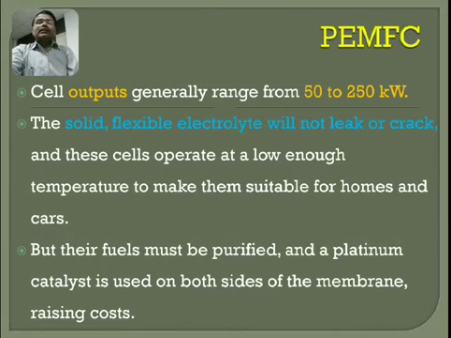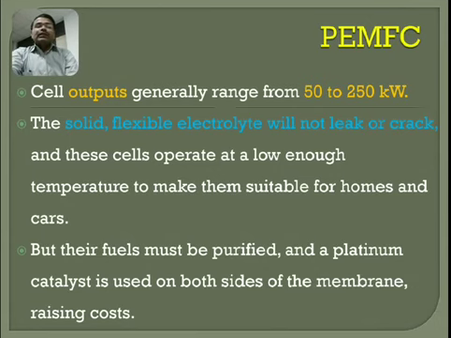These cells have output in the range of 50 to 250 kilowatts. The electrolyte is solid and flexible, and that's why there will be no leaking or cracking in the electrolyte. These cells operate at even low temperature conditions, and that's why they are suitable for homes and vehicles also.